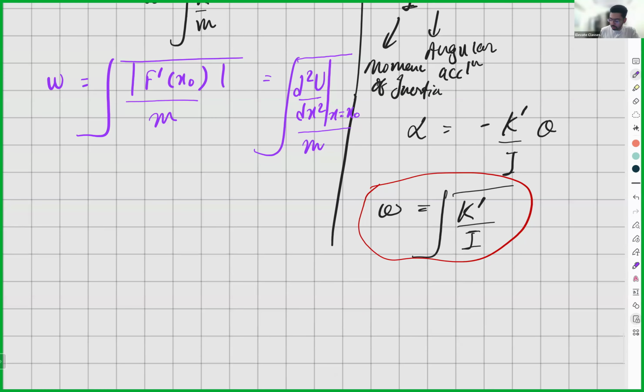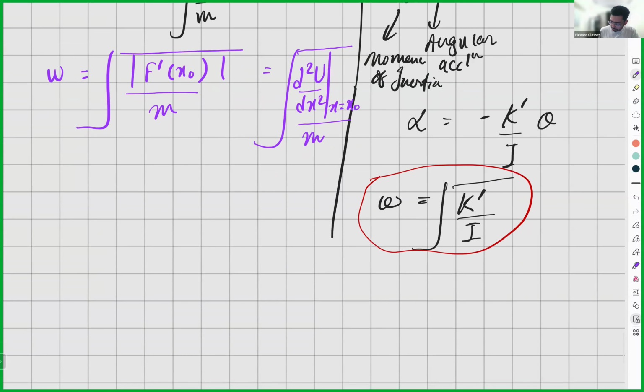Similarly, if you want to generalize omega in the angular SHM case, you need to take the first derivative of torque with respect to theta at theta naught, which is the mean position.